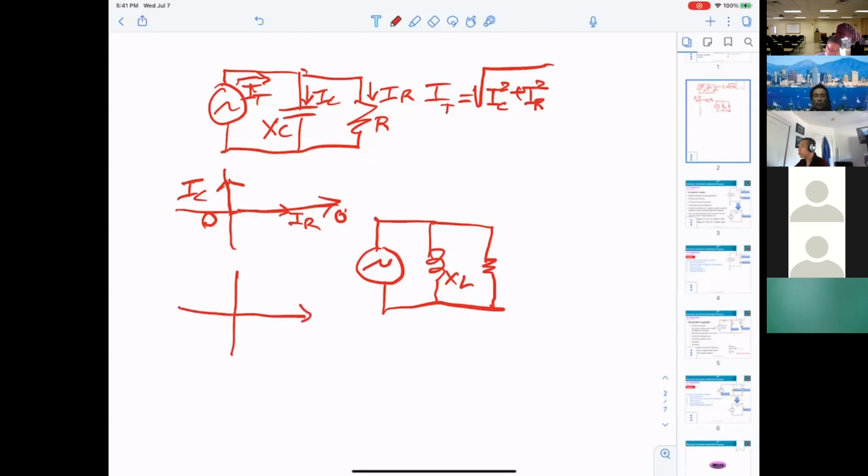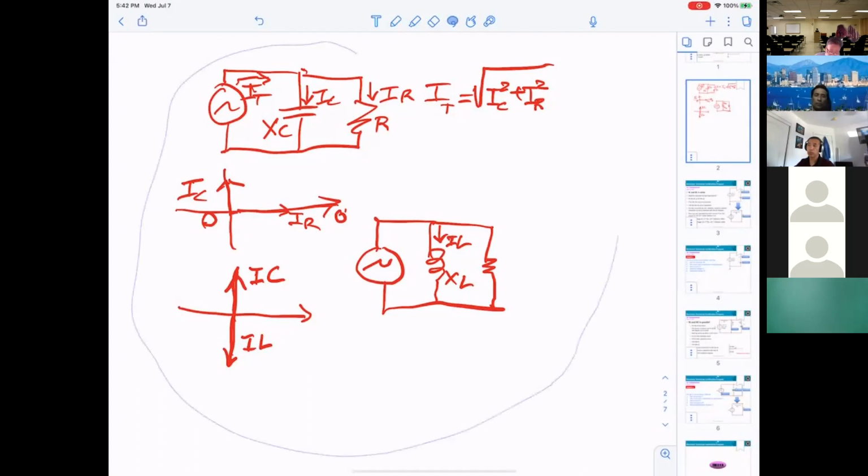Now, how does IL go? Down. Perfect. So now you can see IC going up, IL going down. They will be opposite. That is basically the only thing I need to make sure you understand before we go into the circuitry.